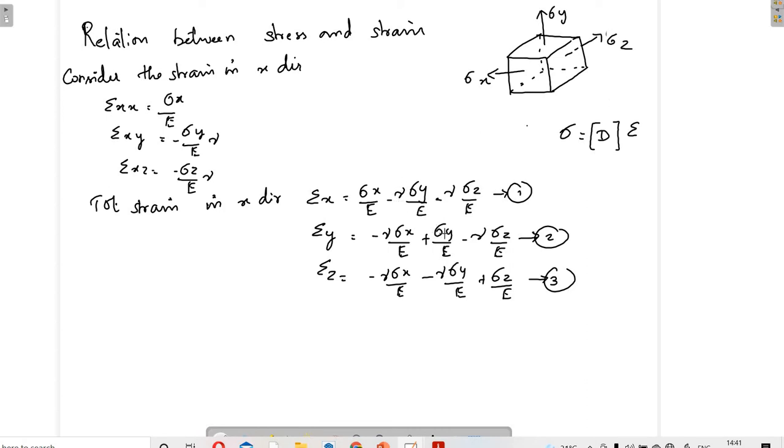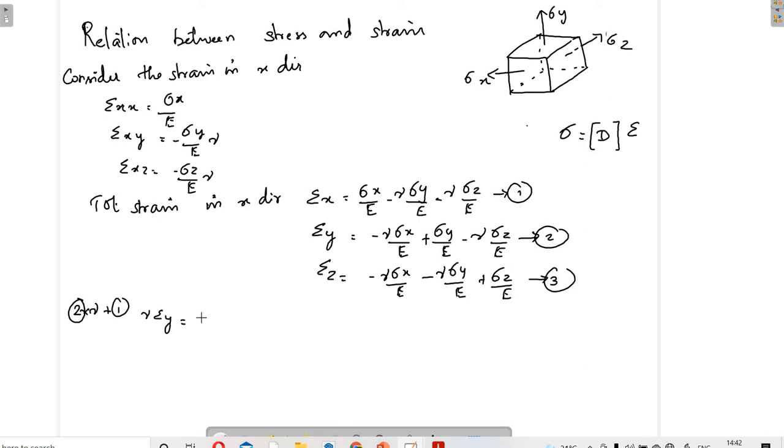So I am going to multiply the Poisson ratio with equation 2. So this is our concept. If you multiply the nu with this second equation, here minus is there, here plus, so automatically it cancels. So the second equation is multiplied with the nu.